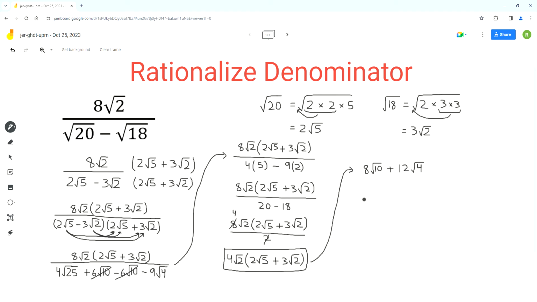Now we can reduce square root of 4 to just 2. So it becomes 8 square root 10 plus 12 times 2, which is equal to 8 square root 10 plus 24. So this should be the final answer in the distributed form.